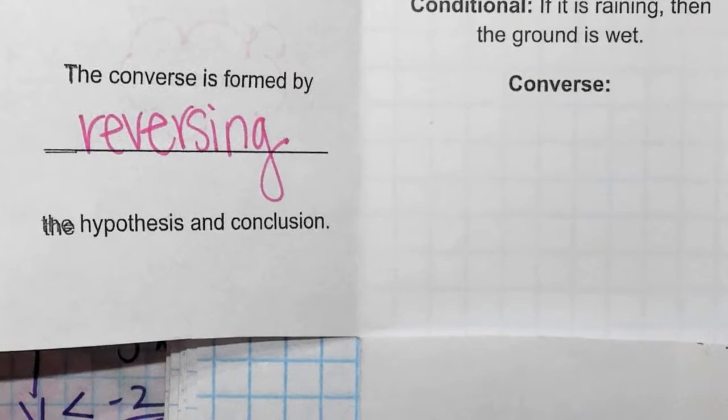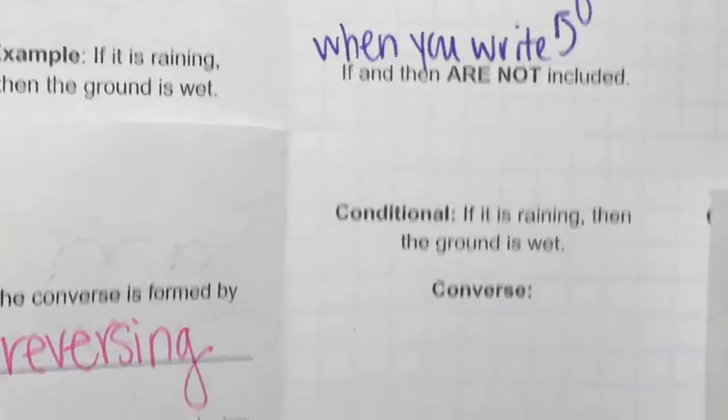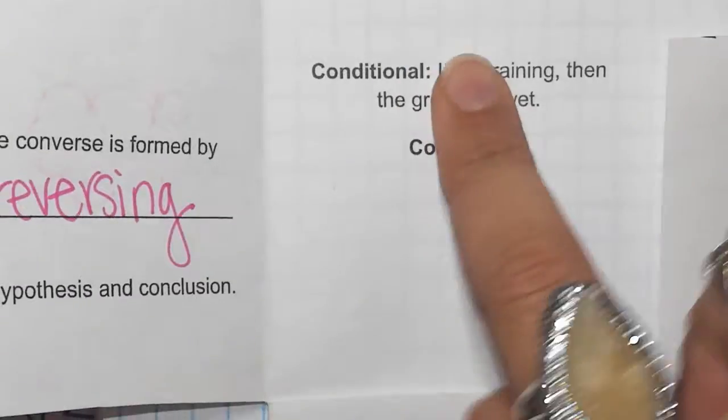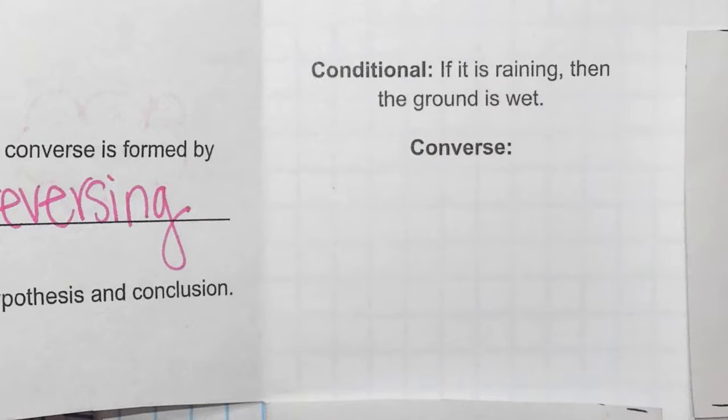So let's start with our original statement. If it is raining, then the ground is wet. So we said it is raining is our hypothesis. The ground is wet is our conclusion. We need the converse. How would we flip it around? If the ground is wet, it's raining. Yes, take a point.